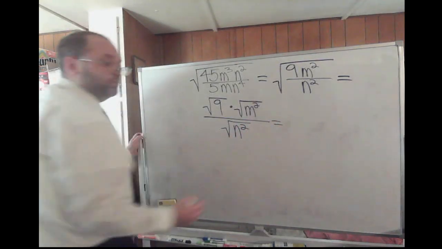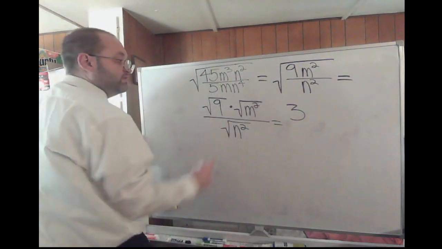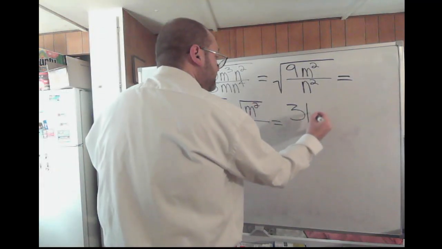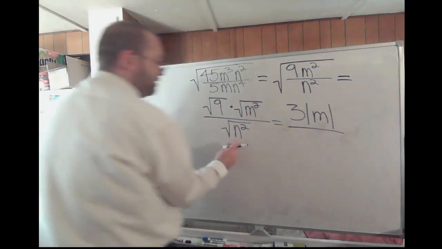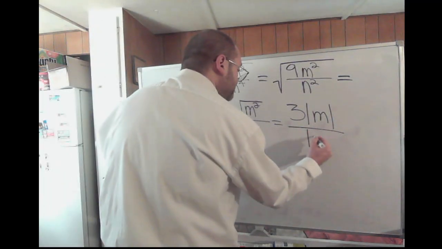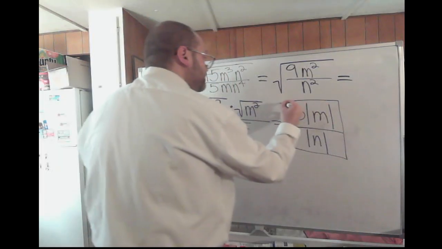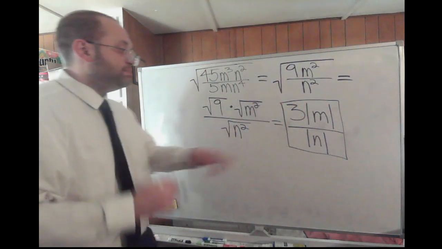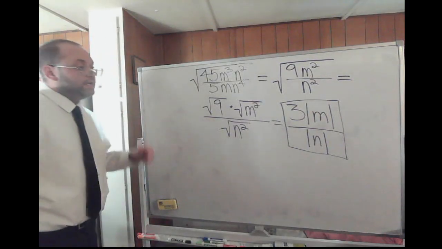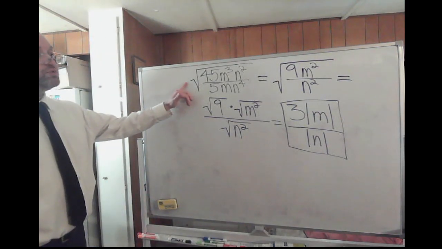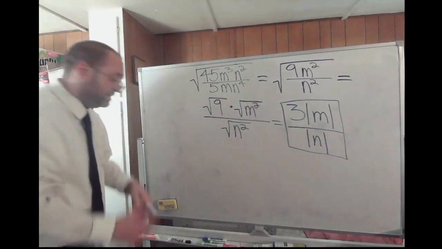This will be an open and shut one. Square root of 9, that's 3. Square root of m squared is the absolute value of m, over the square root of n squared, which is the absolute value of n. So the answer you really should get here is 3 times the absolute value of m over the absolute value of n. And again, since your original expression was positive, the absolute values ensure that the answer will stay positive.